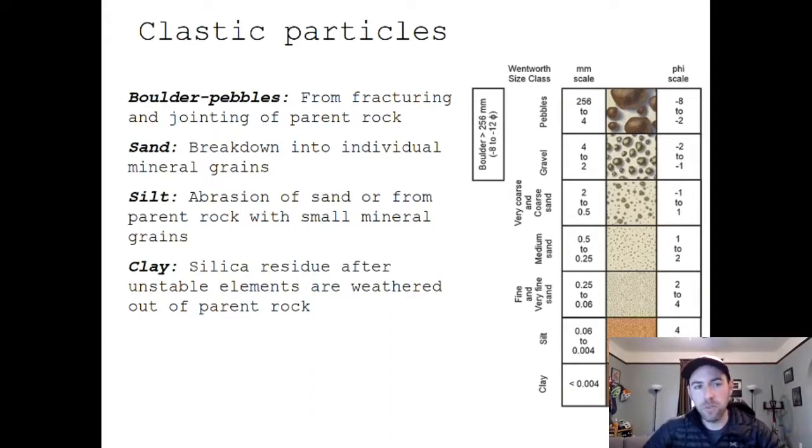You're not breaking down the mineral grains into individual components, right? Whereas sand is typically on the order of the same scale as the average mineral grain in a granite, for example.